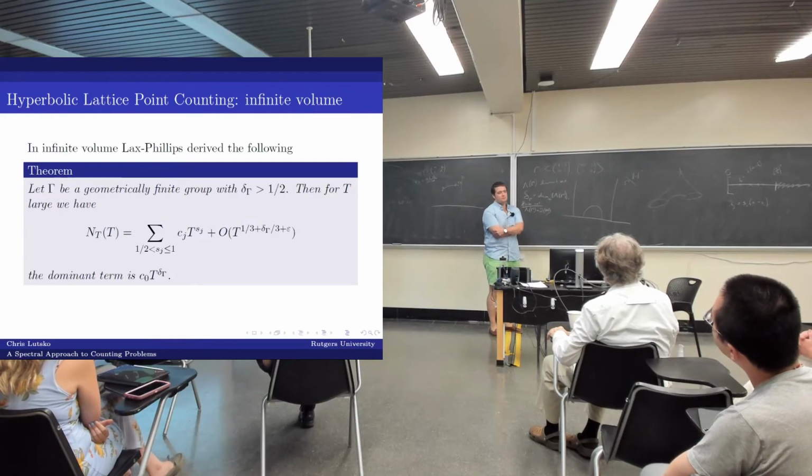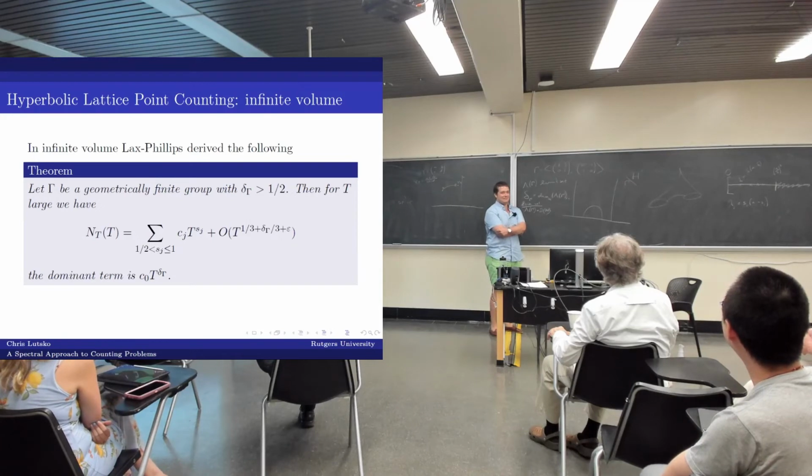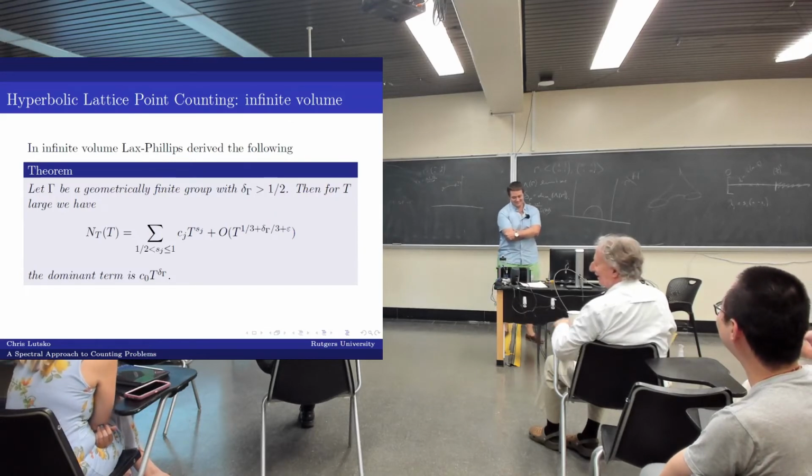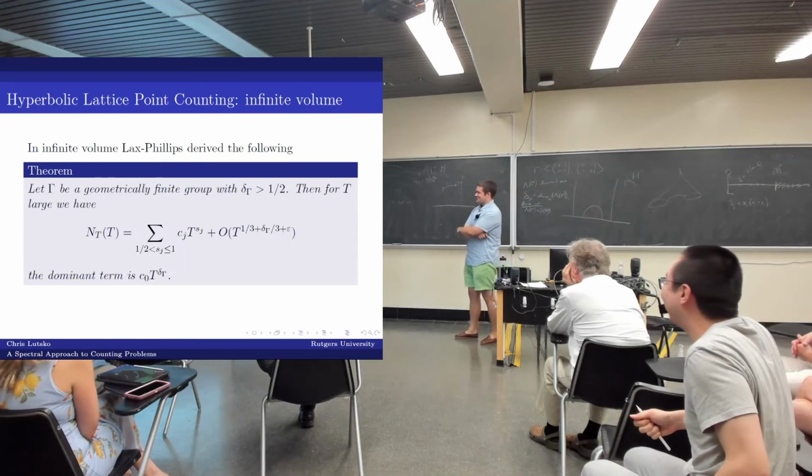Here they come from something called a Patterson-Sullivan distribution, which I haven't really looked into.